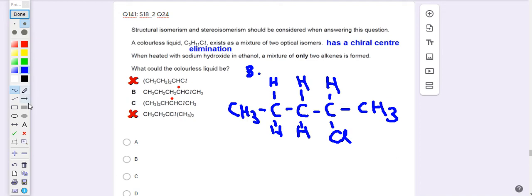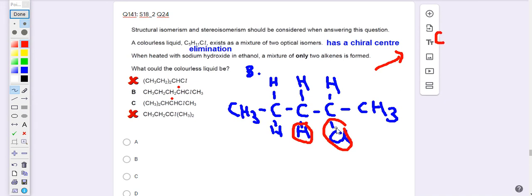So what we do is we remove this Cl, and then we remove one H from the neighbor carbon. Now this carbon has two adjacent carbons, this one and also this. Both adjacent carbons also have hydrogen bonded to them. So in this elimination, you will get more than one alkene as the product.